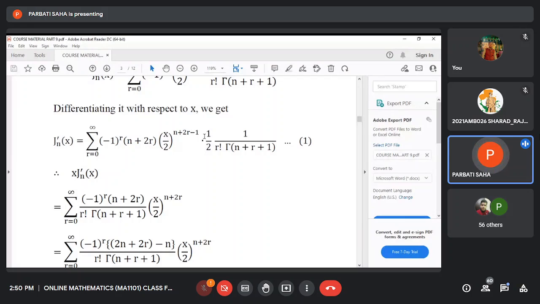If we multiply x/2 by (x/2)^(n+2r-1), that will actually be (x/2)^(n+2r), but other terms remain unchanged.